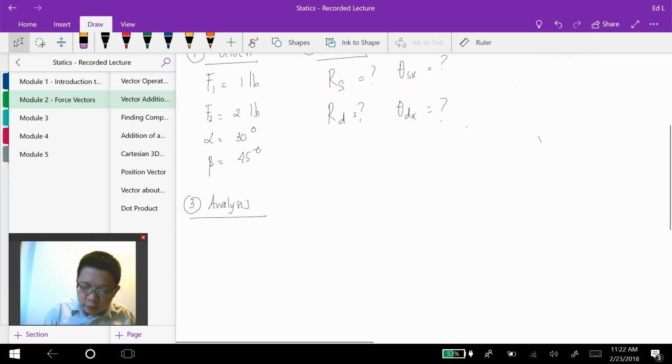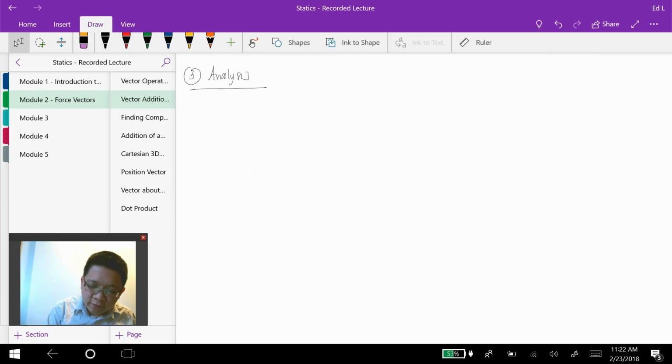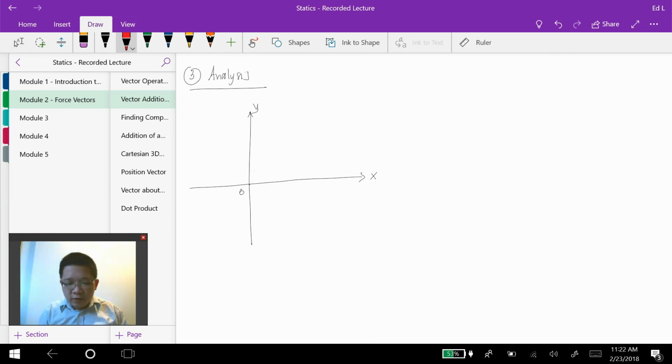And in here I'm trying to redraw the sketch of the force diagram. So I have my y-axis, then I have my x-axis, and this is my origin. Okay, to solve for these problems, it's always a good idea to put the tail of the two force factors together.